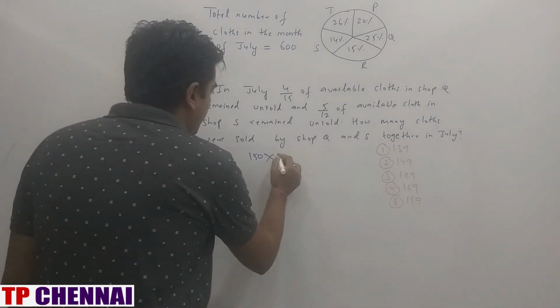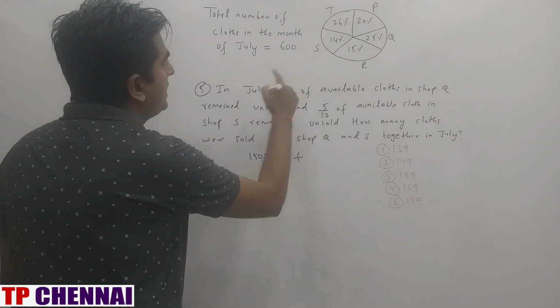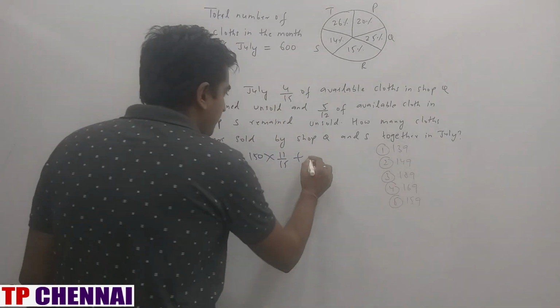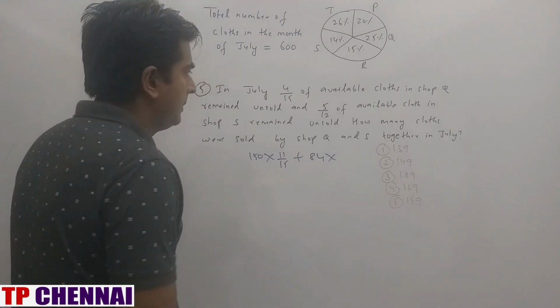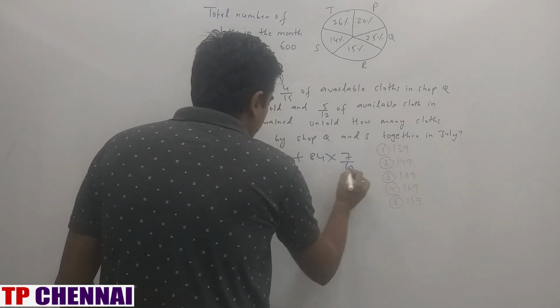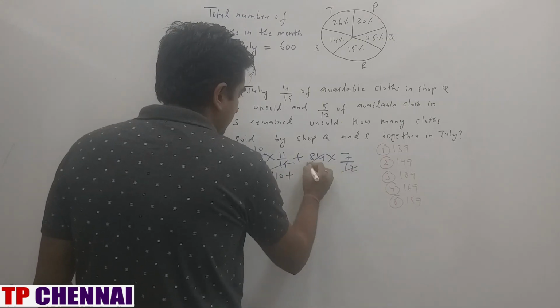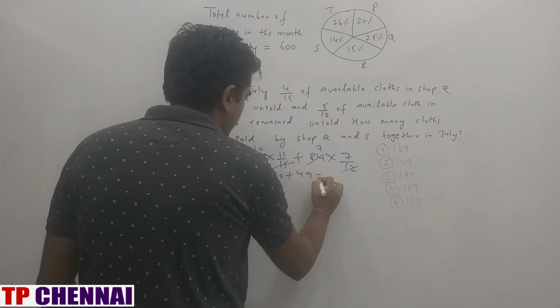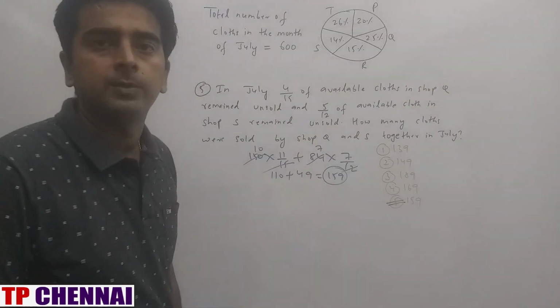So remaining is 11 by 15 of 150, plus shop S, 14% of 600, which is 84. And 5 by 12 of clothes were unsold. Remaining is 7 by 12 of 84. This is 110 and this is 49. What is the answer? 159, which is the fifth option.